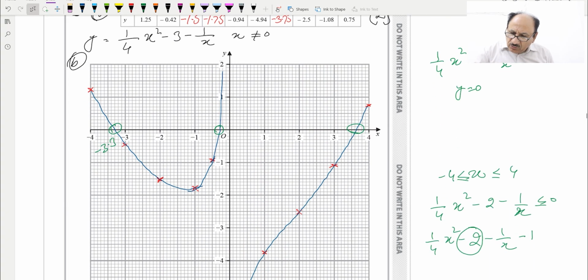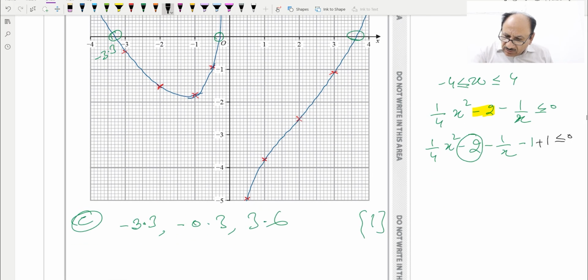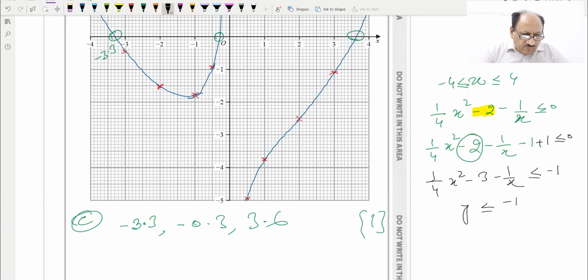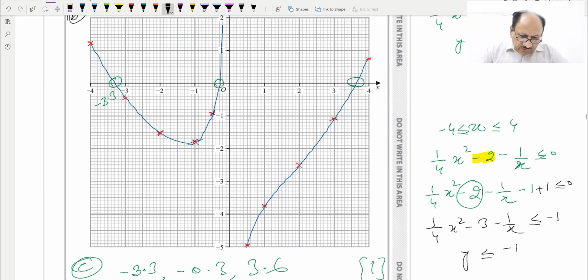It is minus 3 over here, but here we have minus 2, so we will take minus 1 and plus 1 on this side, less than or equal to 0. Now we can write this as 1 by 4 x square minus 3 minus 1 over x is less than or equal to minus 1 on this side. So y is less than or equal to minus 1. So we will be taking the line y is equal to minus 1.